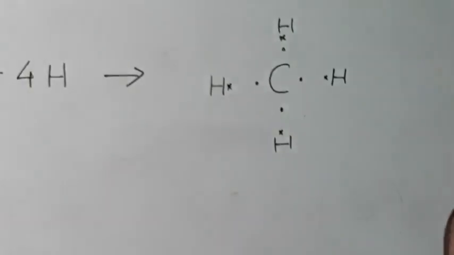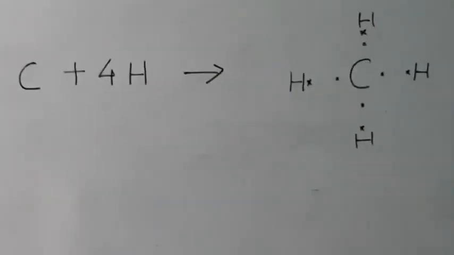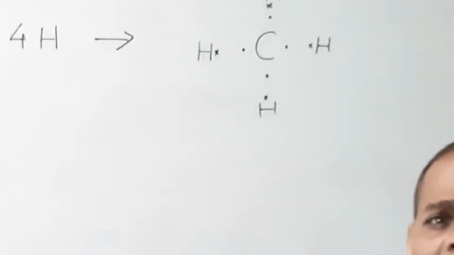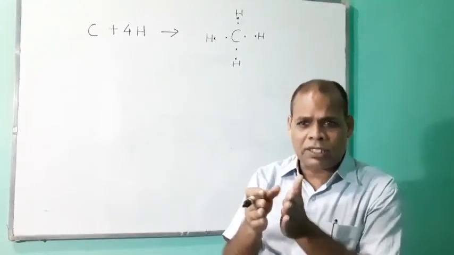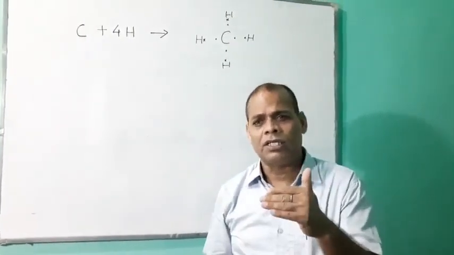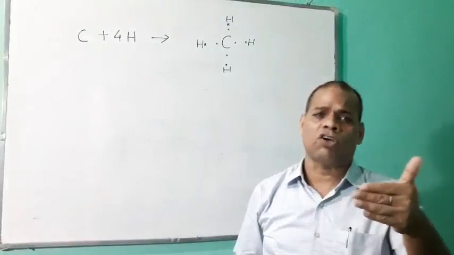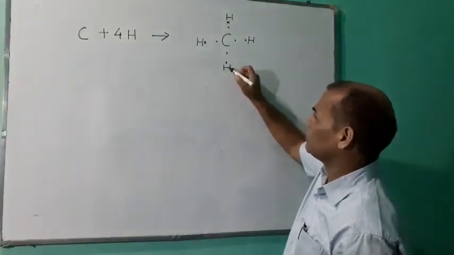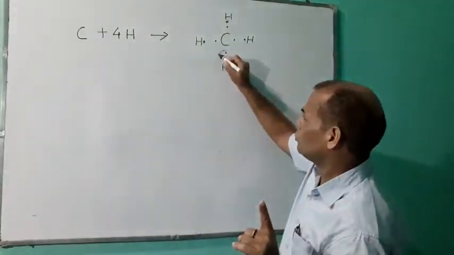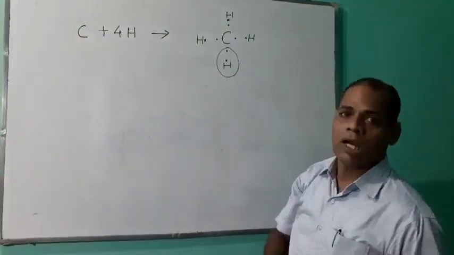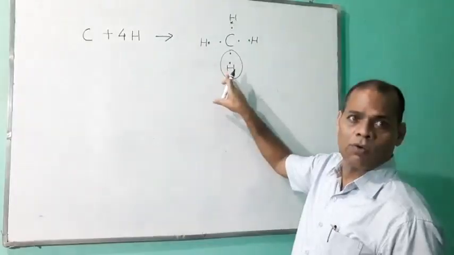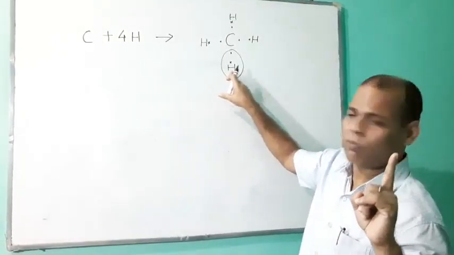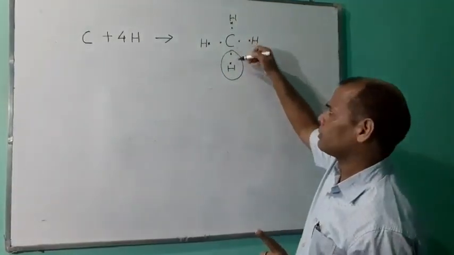Each carbon has 4 electrons in its outermost shell, and each hydrogen has 1 electron in its outermost shell. Hydrogen tries to achieve the nearest noble gas configuration, that of helium, and carbon tries to achieve the stable electron configuration of the nearest noble gas, that of neon. Each hydrogen needs 1 electron, so hydrogen acquires a pair of electrons, with 1 electron shared by carbon.